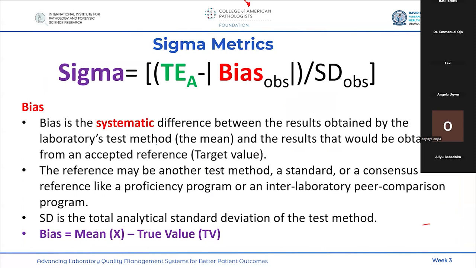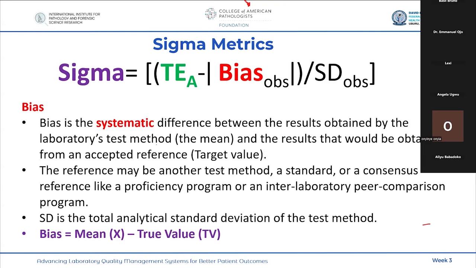Now, how do you determine or calculate the sigma number for your lab? The sigma is calculated using these parameters. You need the total allowable error limit for that particular analyte in question. The bias is calculated, and then of course the standard deviation is calculated.